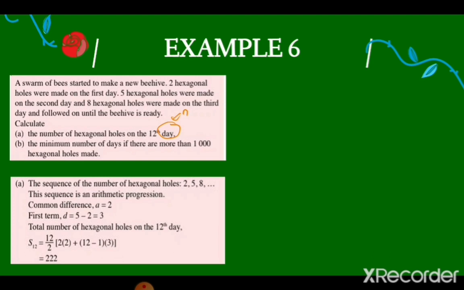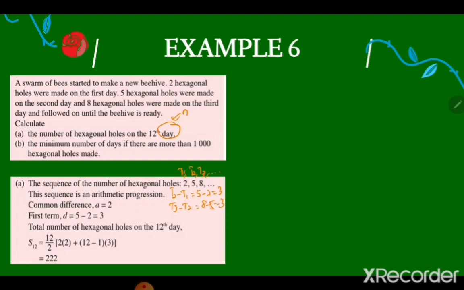Let's look at A. Our sequence is 2, 5, 8. This is the first day, 5 is the second day, 8 is the third day, and so on. We can see that this is an arithmetic progression, because T2 minus T1, 5 minus 2, is 3, and T3 minus T2, 8 minus 5, is 3.